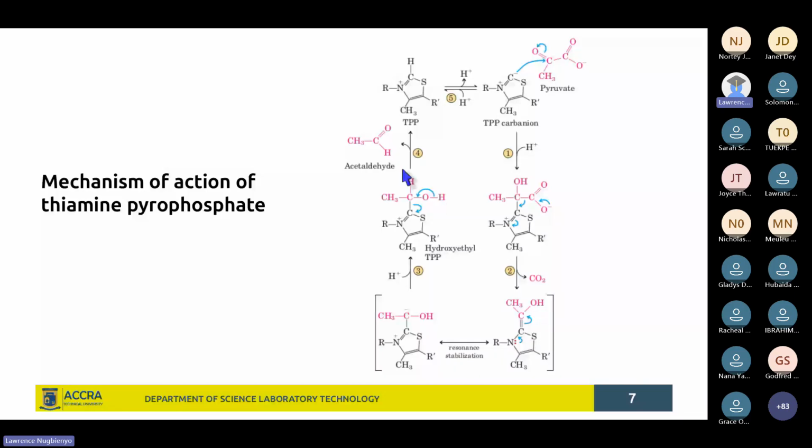And even on that carbon, you see that you have a C double bond O. So what happens is you have that COH being oxidized to a C double bond O. And so now you have the acetaldehyde, which is the product coming out of that reaction.